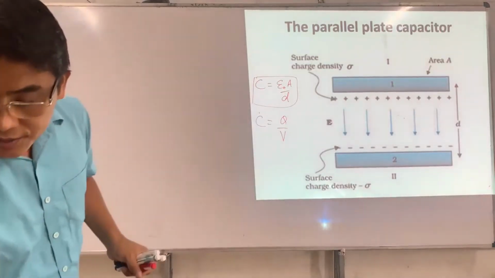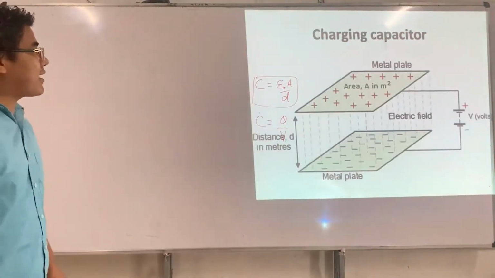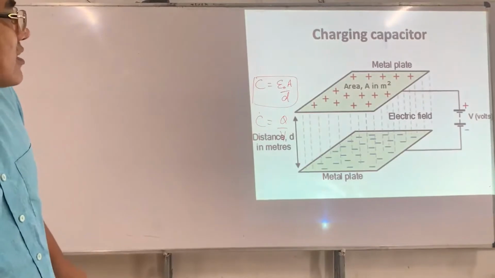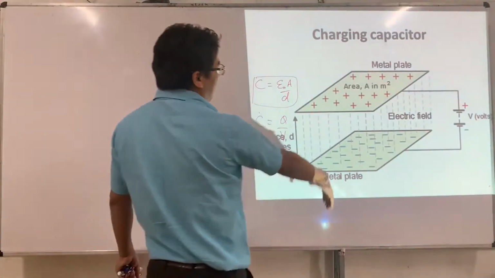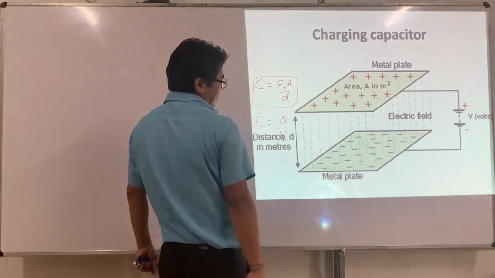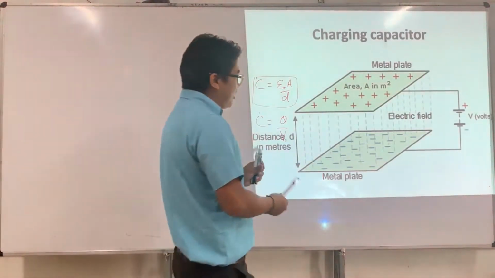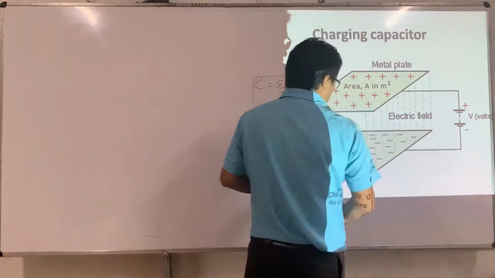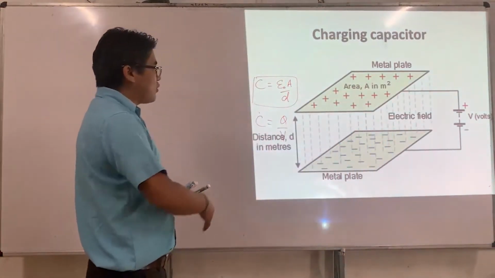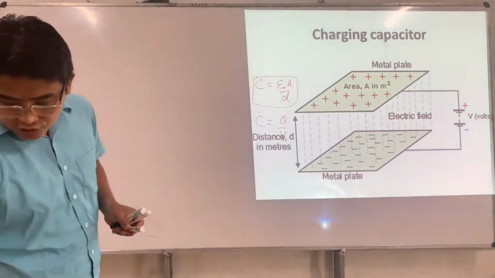Now I have one more diagram. This is how we charge capacitors. So I will have two plates, and we apply a potential difference V. The applied potential difference is equal to the potential across the two plates.